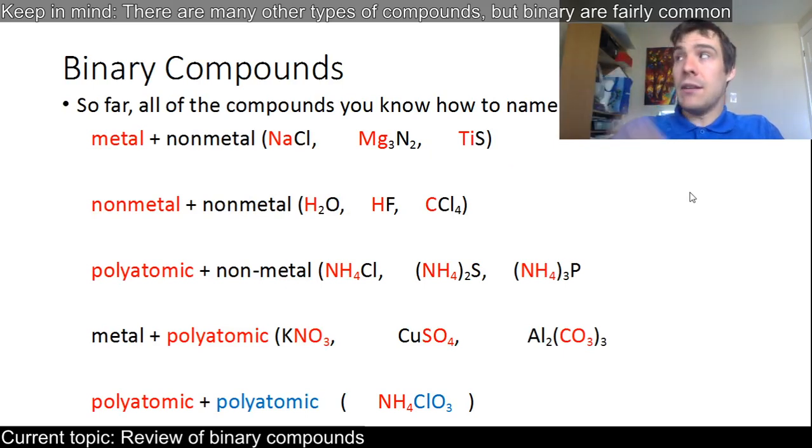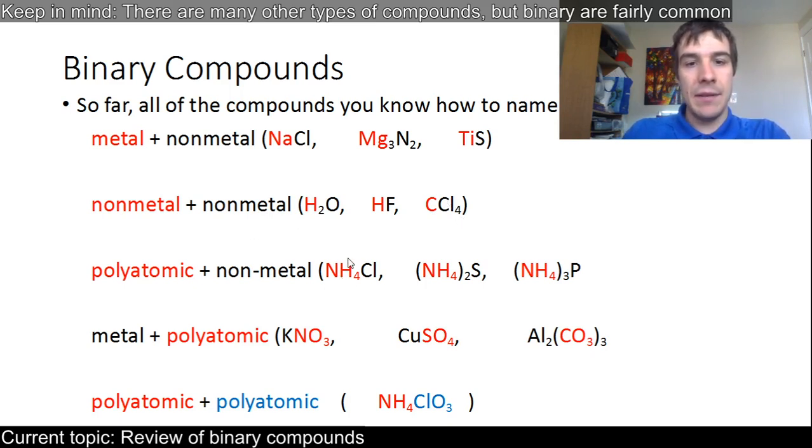So let's start off with a review of binary compounds. So far, all the compounds that you know how to name, from the previous unit, are all binary. Right? Metal and a nonmetal, or a nonmetal and a nonmetal, or a polyatomic and a nonmetal, or a metal and a polyatomic, or a polyatomic and a polyatomic. So sodium chloride, magnesium nitride, titanium(II) sulfide, H2O, dihydrogen monoxide, HF, hydrogen monofluoride, CCl4, carbon tetrachloride.